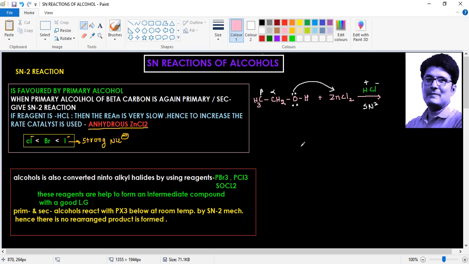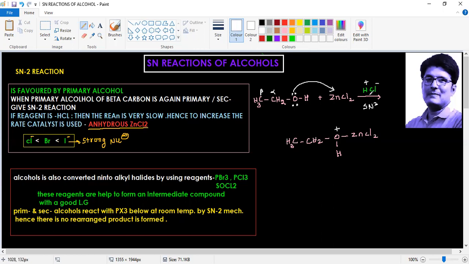We can write CH3CH2O, with that hydrogen taken here and ZnCl2 written over here. So now the oxygen gets a positive charge, isn't it?